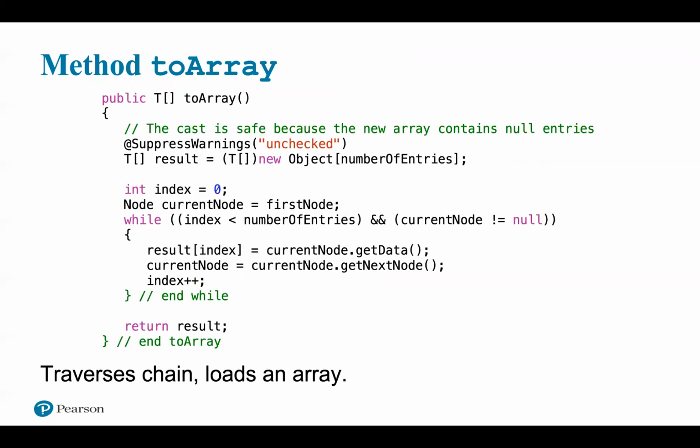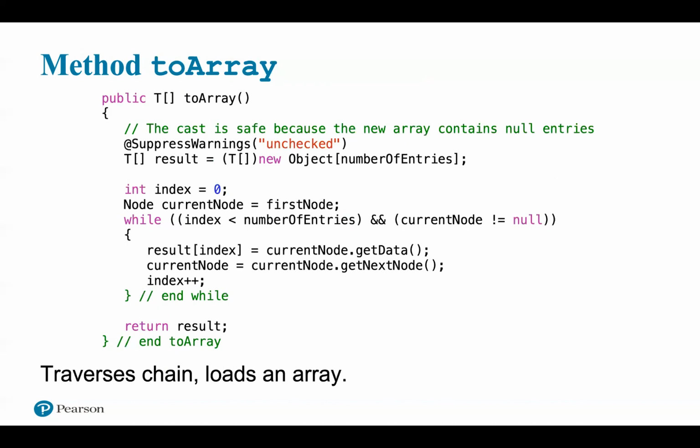For the method toArray, by implementing it, we will be able to test the previous methods that we have written before we complete the rest of our list. The method must traverse the chain and copy the data in each node to an element within an array. Thus, it needs a local variable to reference each node in the chain. For example, currentNode could reference the node whose data we want to copy.